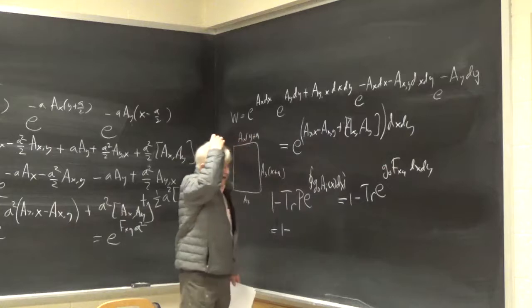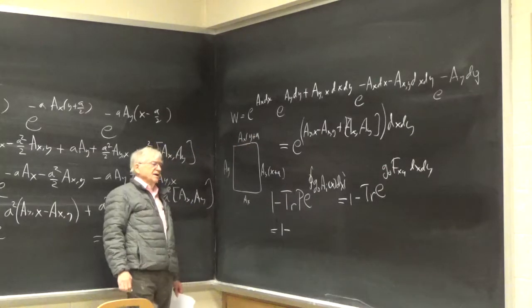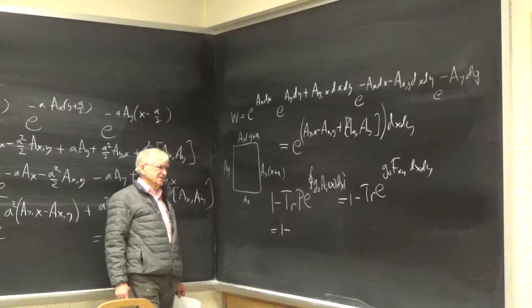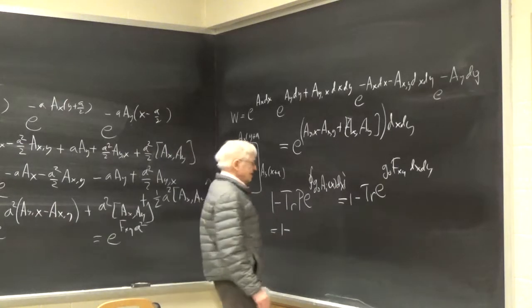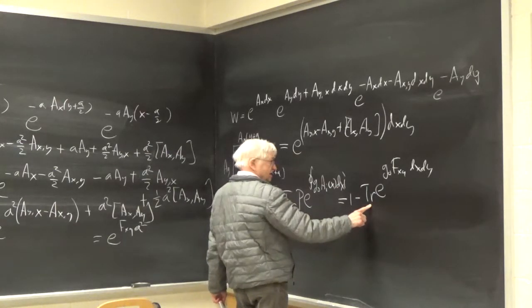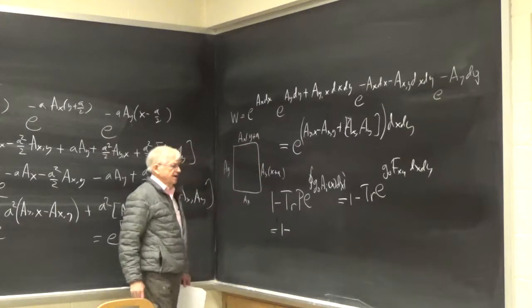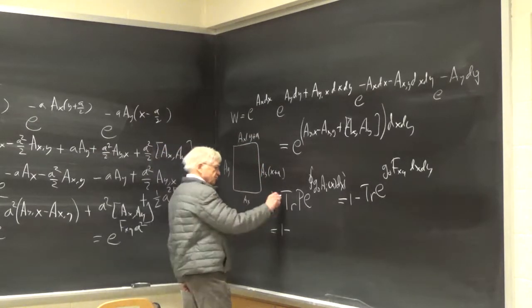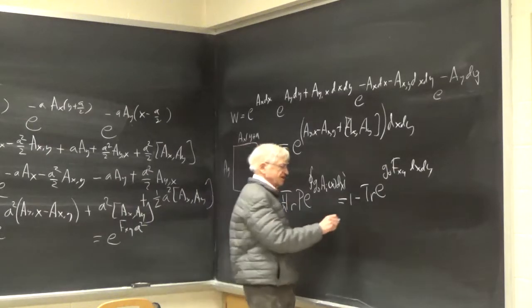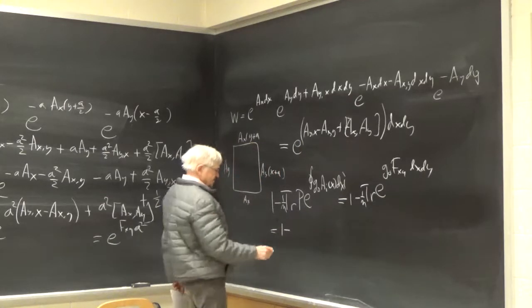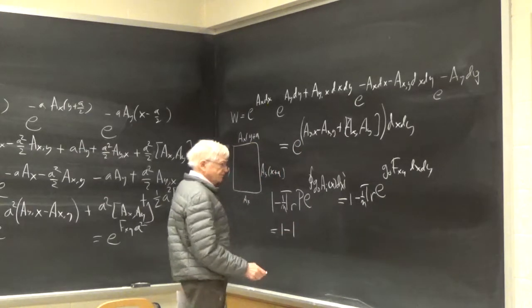And actually, there's an issue. The question is, what is the dimension of all of these matrices? So in fact, I can't just subtract the trace. I have to subtract 1 over n times the trace. If I subtract 1 over n times the trace, then I get 1 minus 1.